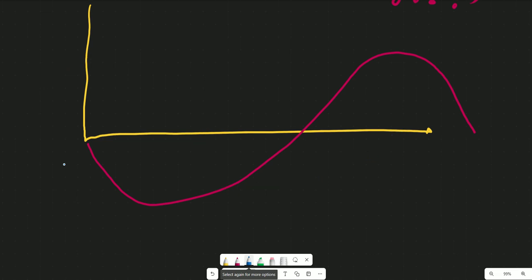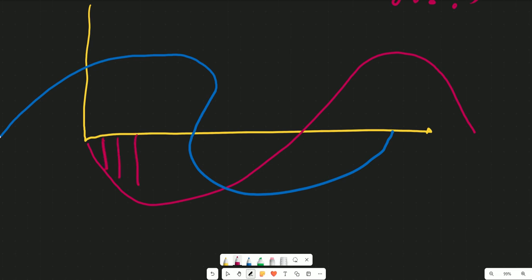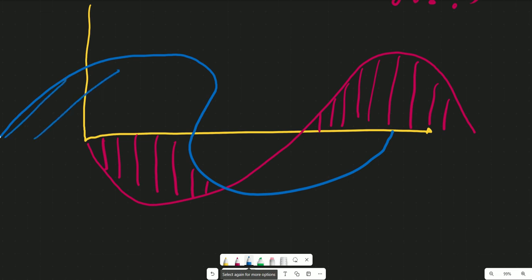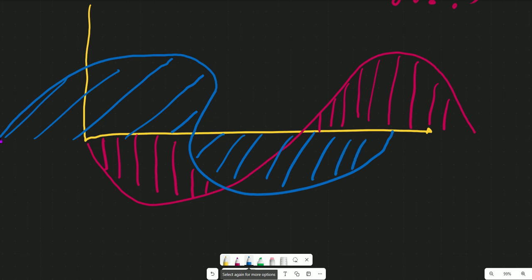Here there is a phase difference of 90 degrees.